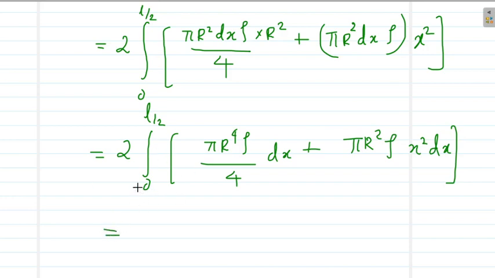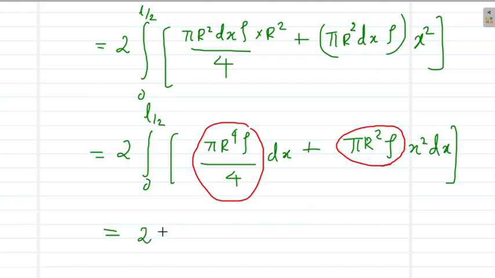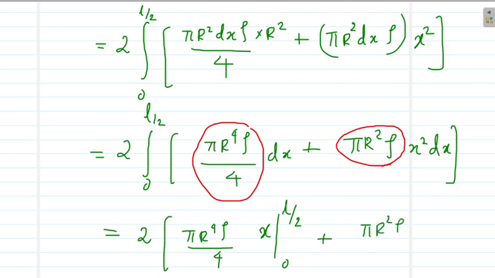Now carrying out this integration, in the first term these terms are constants, and in the second term the pi r square rho term is constant. The integration is with respect to x, because x varies from 0 to L by 2. So this is equal to 2 times pi r raised to 4 rho divided by 4, integral dx is x within the limits 0 up to L by 2, plus pi r square rho into x cube by 3 within the limits 0 to L by 2.